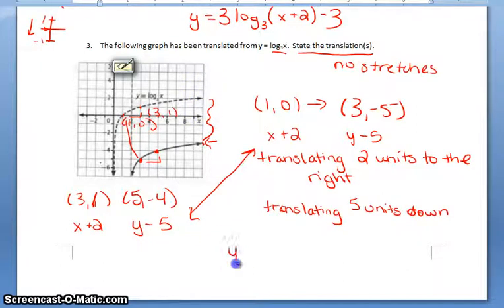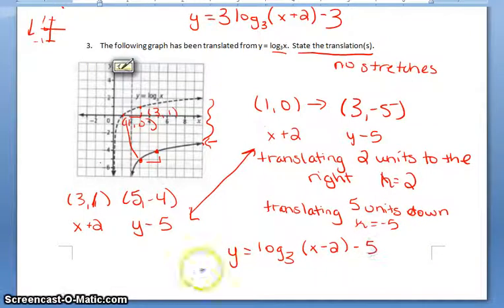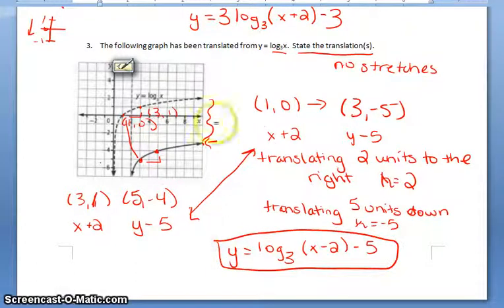So that'd be y is equal to log base 3 of x minus h, where h is 2 since you're translating 2 units to the right, then plus your k value, which was translating up or down, and k there is equal to -5. Put this into your calculator and check to see if it works. So there's 2 different ways that you can check there, okay?